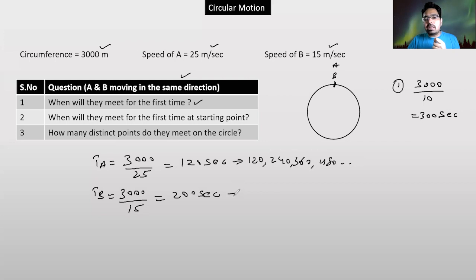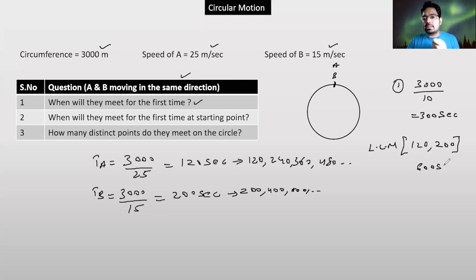And same way, B will keep coming back to the starting point after 200 seconds, 400 seconds, 600 seconds, so on and so forth, correct? So effectively, if I take the LCM of 120 and 200, I should get a number at which both of them will be at the starting point, and that will be the first time they'll come back to the starting point. So let's try and get down there. That value will be nothing but 600 seconds.